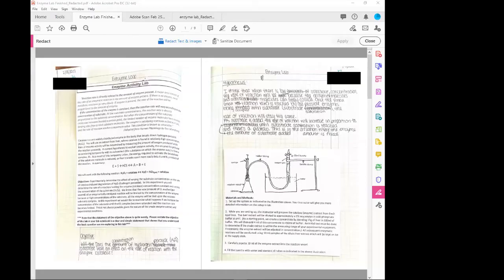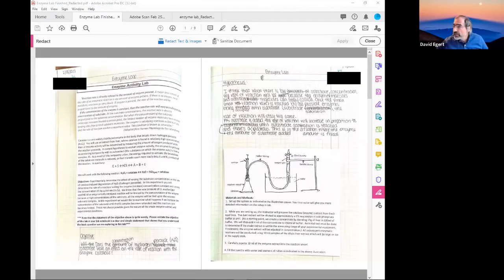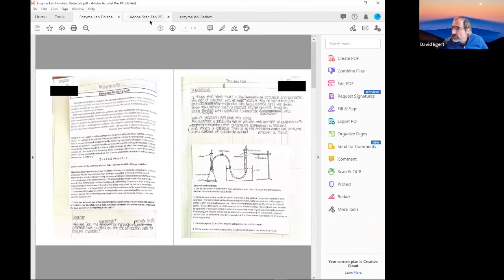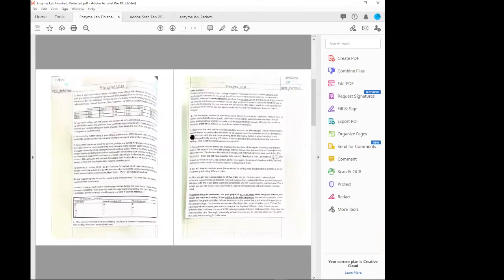Let's see. Share. Oh, there it is. Okay. And I have redacted everything. All right, so let's see this person.